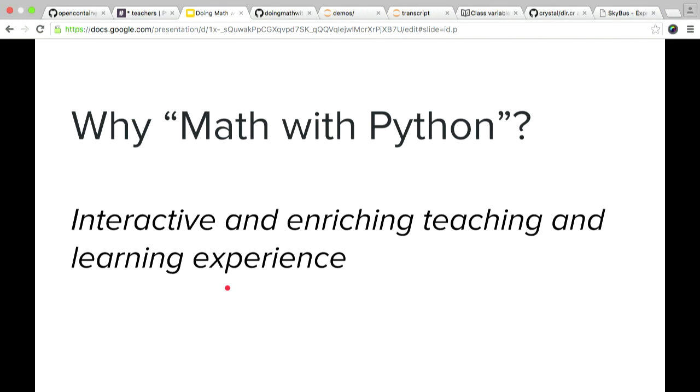But I feel that if at that stage programming was shown in a way that it could solve problems, or not necessarily solve problems, maybe explore other subjects, it would make it more interesting for everybody. To summarize, what I believe is that integrating Python with other subjects, math and maybe others, would lead to a more interactive and enriching teaching and learning experience.